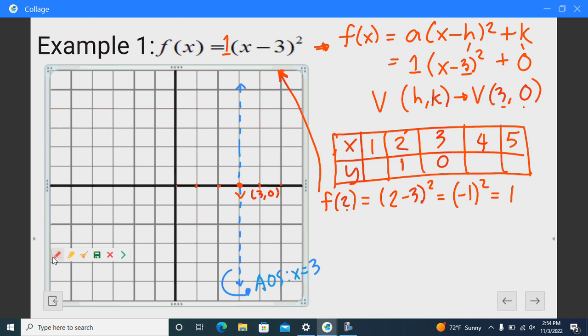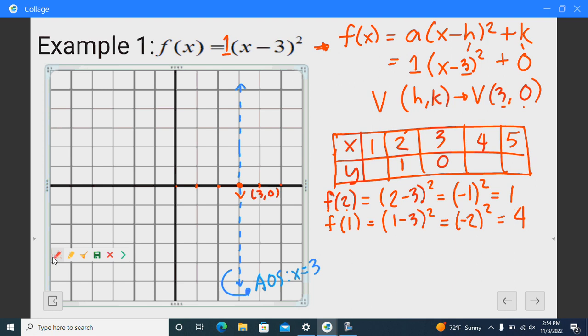Okay, let's continue. If x is 1, let's plug it in again: x minus 3. So 1 minus 3 is negative 2, squared gives us 4.